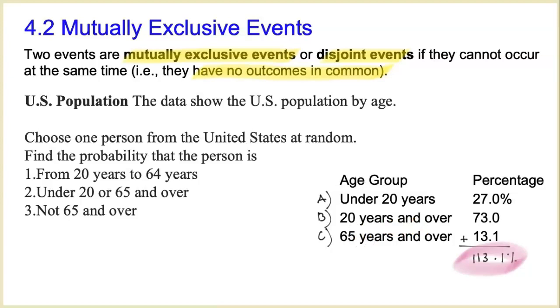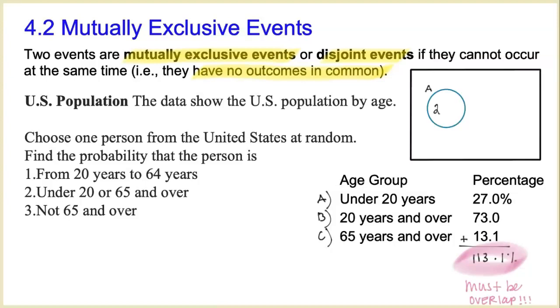To illustrate that visually for you, I'm going to make a Venn diagram to show this. First we have event A. Event A has no overlap with any of the other two events. So we can safely say that that 27% is all contained here in this first circle.